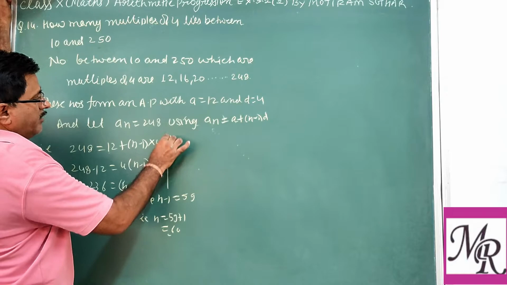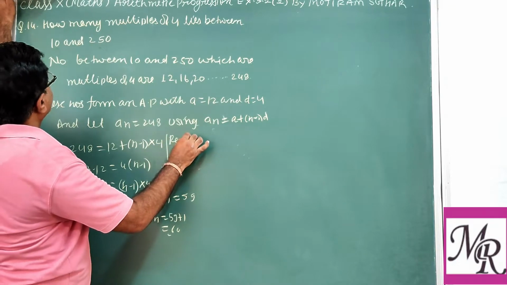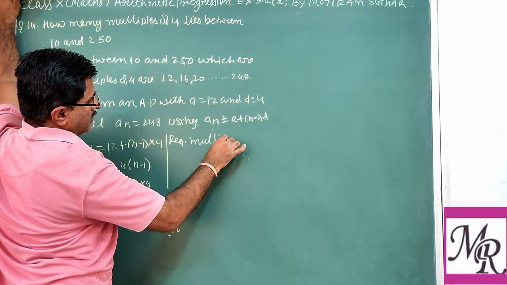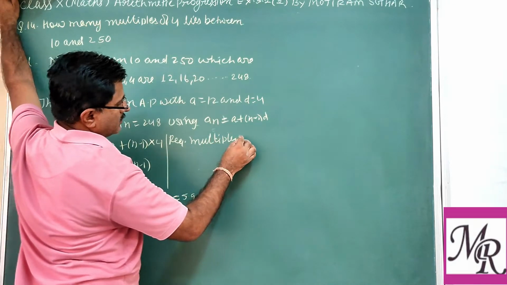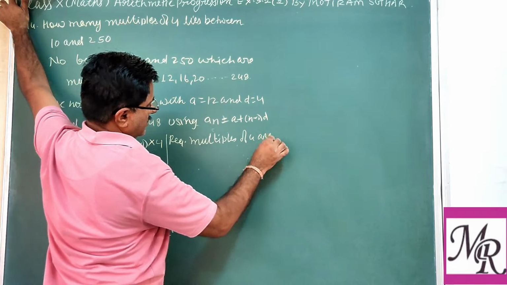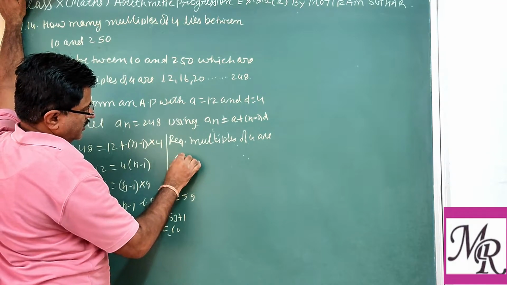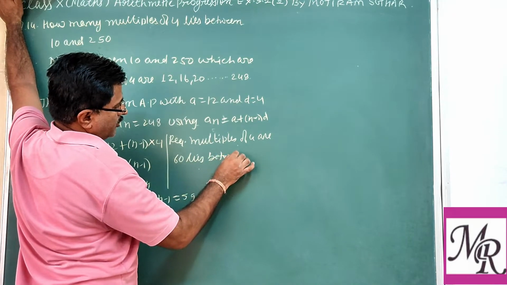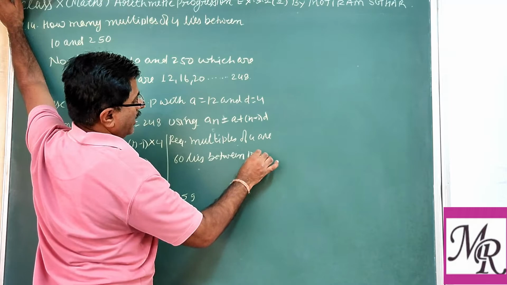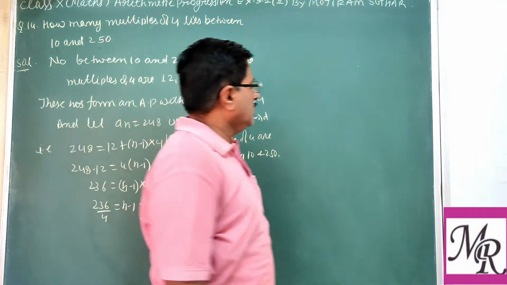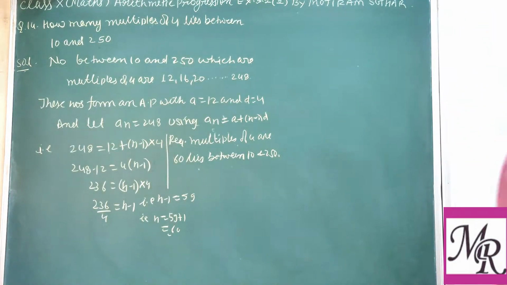So the required multiples of 4 are 60, which lie between 10 and 250. So in this way you can find the multiples.